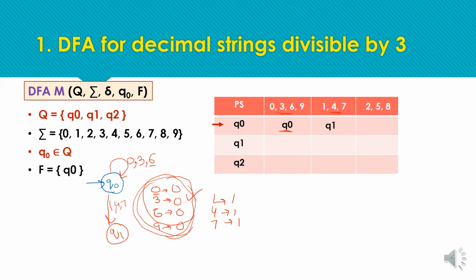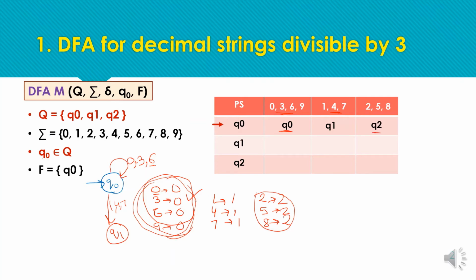Same way, on getting 2, 5 or 8, we will have remainder 2. So for the third set, as we have remainder 2, we need to move to the state Q2.